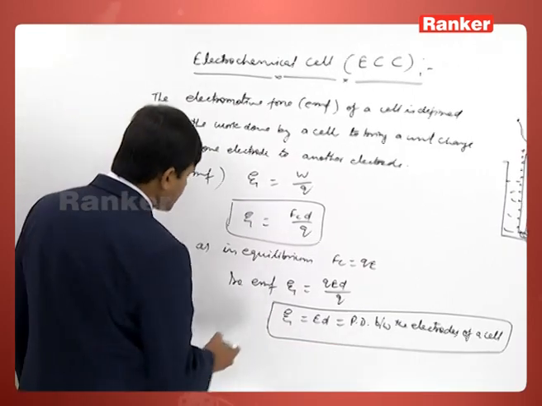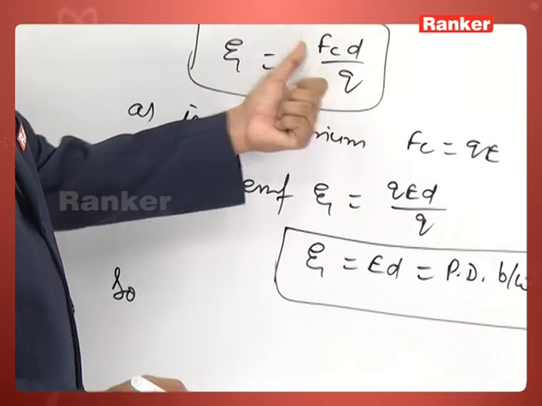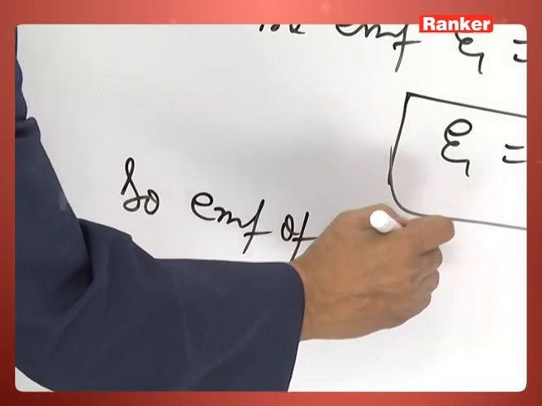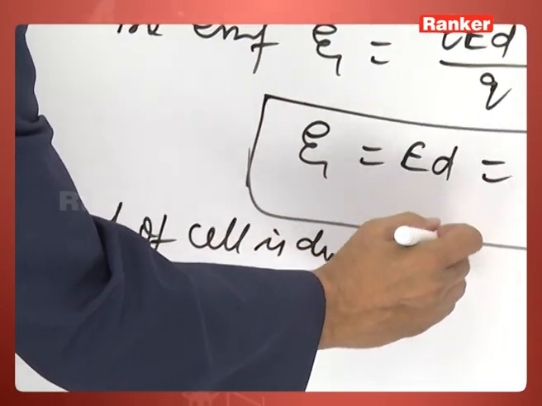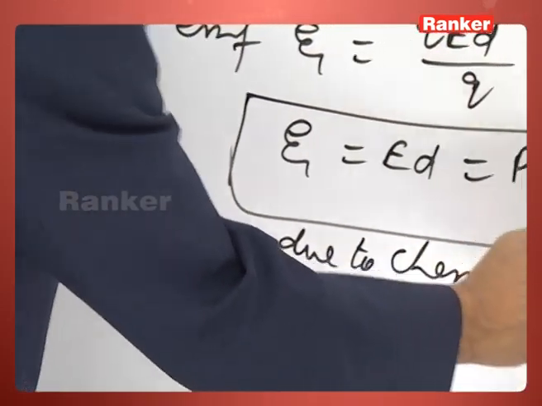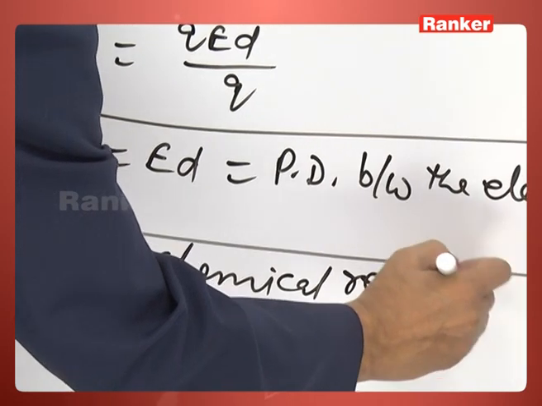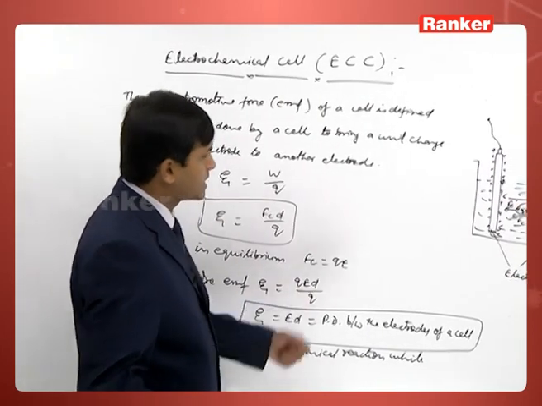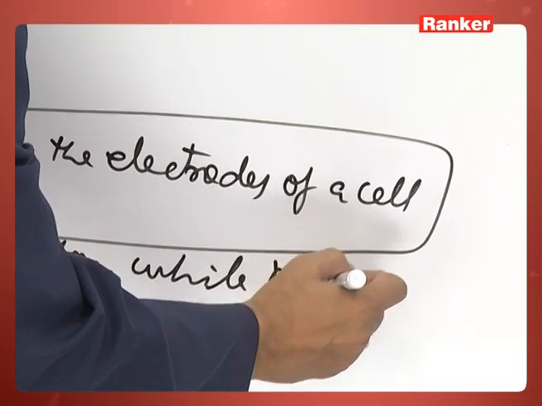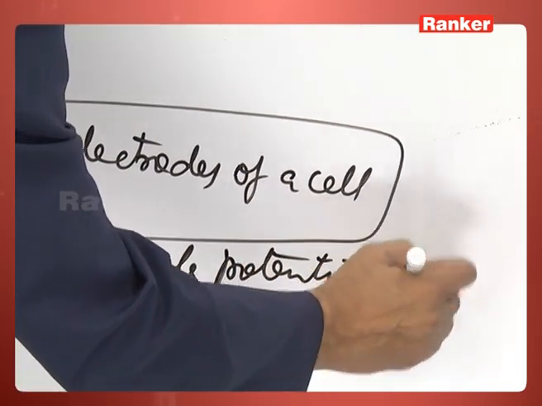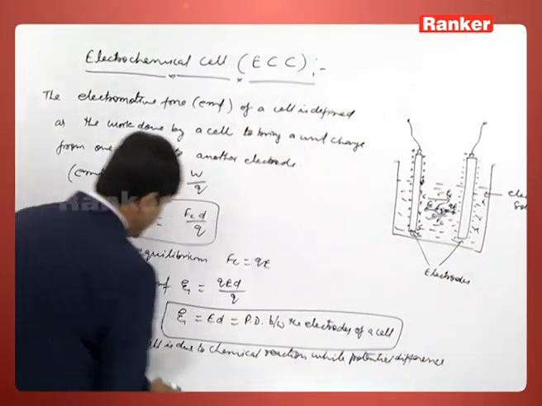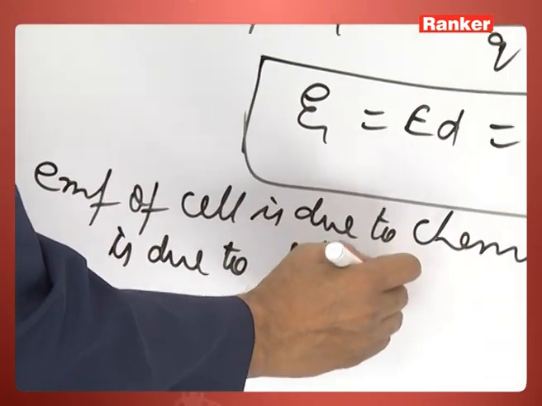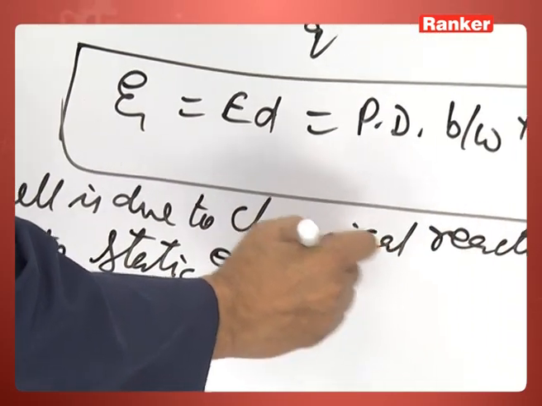So EMF of a cell is due to the chemical reaction, while potential difference is due to the static electric field.